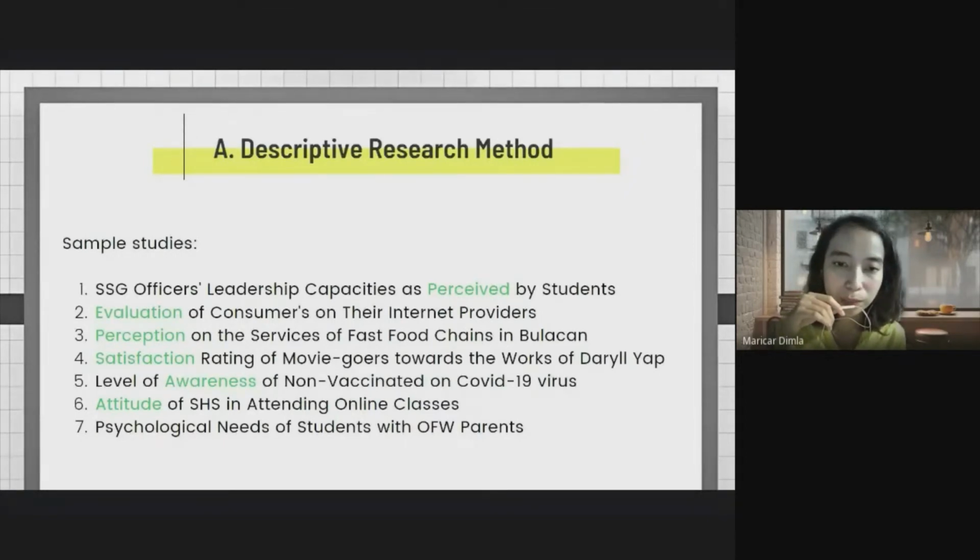Is it evident both the IV and the DV on these sample research studies? Are the IV and DV on these sample research studies evident or not? It's answerable by yes or no, class. Once again, are the IV and the DV on these sample studies evident?